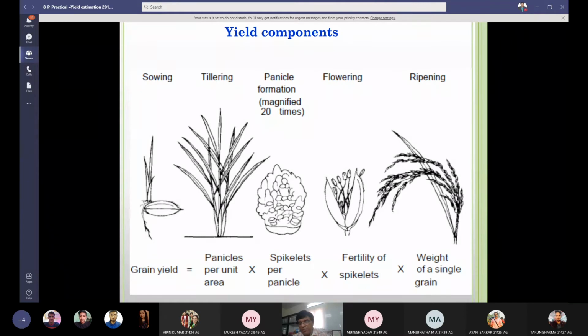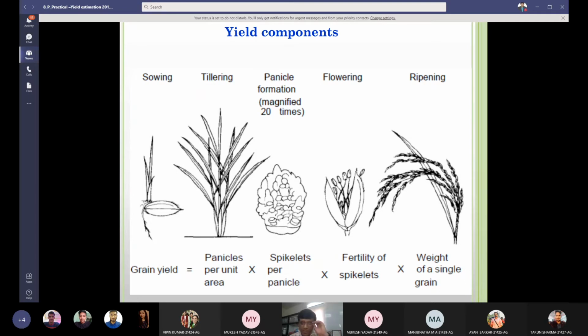Out of which there may be two kinds: filled spikelets and unfilled spikelets. Filled spikelets will give you grain, and unfilled spikelets will give you unfilled grains. So fertility percentage is multiplied, and then the weight of a single grain.